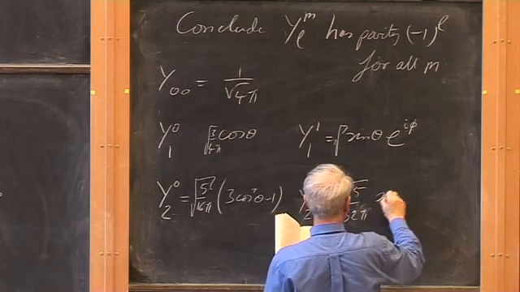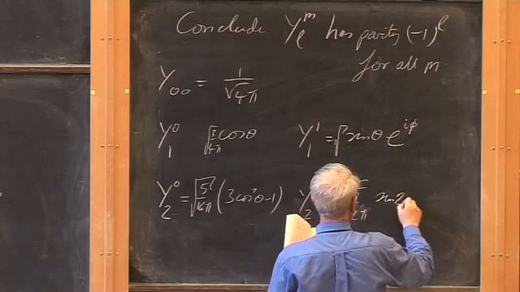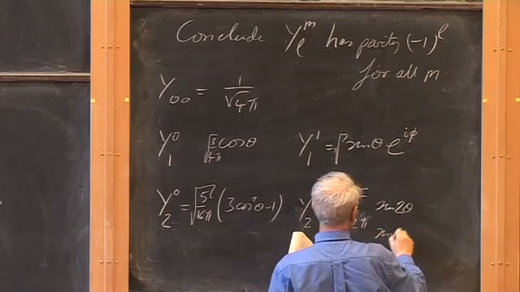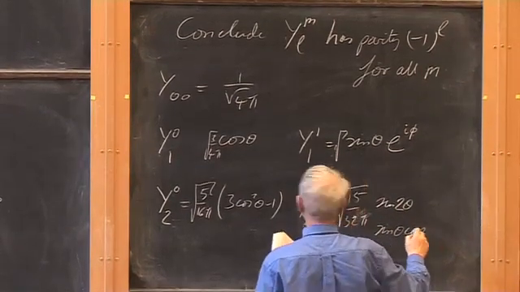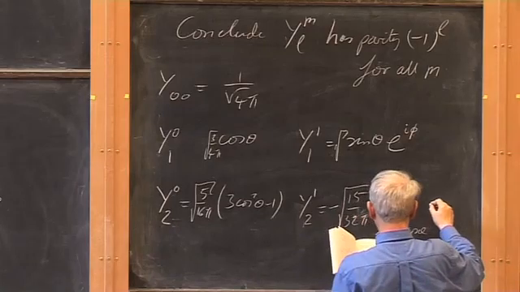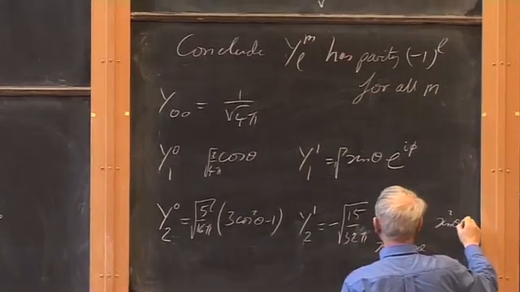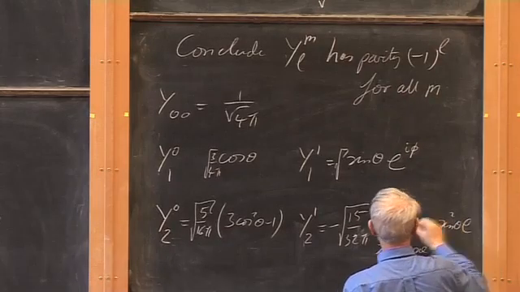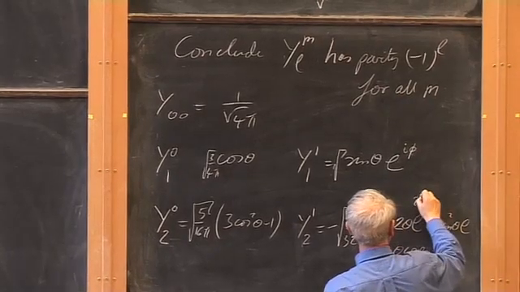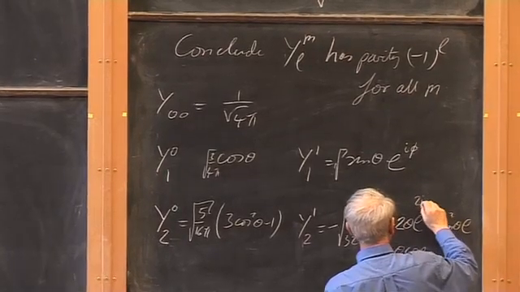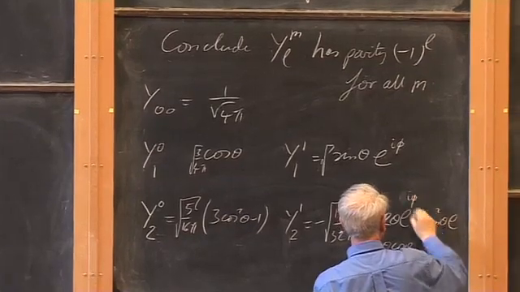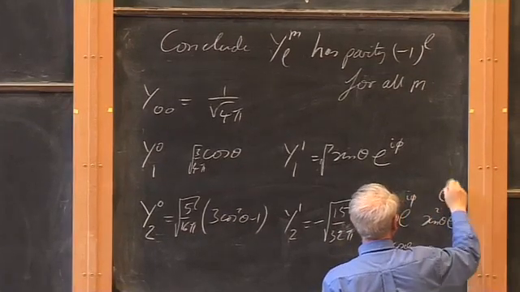What's important is it goes like sine 2 theta, which can also be written as sine theta cos theta, and the other one goes like, of course, sine squared theta. This one has e to the i phi, and this has e to the 2i phi.